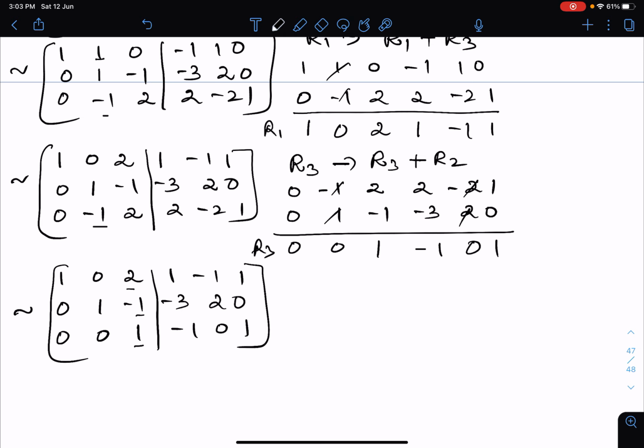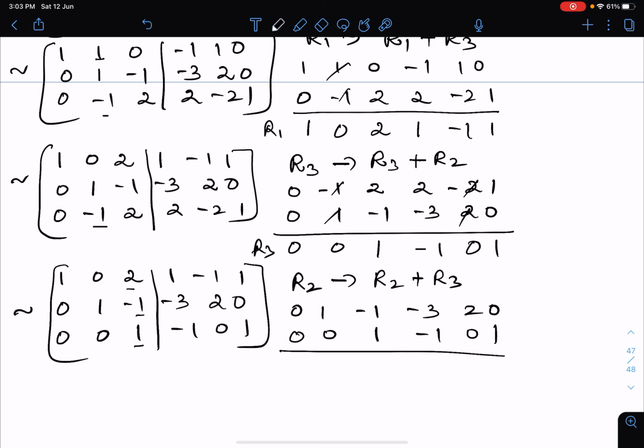Okay, so first we will do with our row 2. So row 2 gives row 2 plus row 3. Okay, so what is our row 2? 0, 1, minus 1, minus 3, 2, 0. What is our row 3? 0, 0, 1, minus 1, 0, 1. You are going to just add.